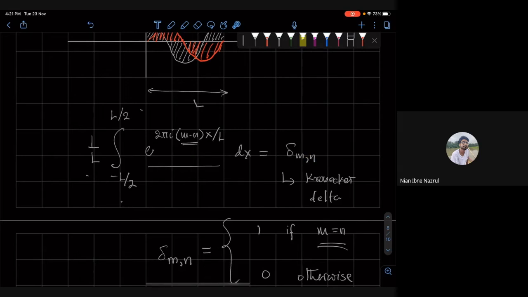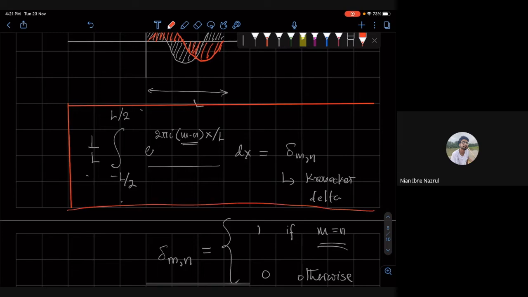And that's why we have the Kronecker delta. Is this clear? This is a very important result. This shows the orthogonality of the circular functions. Okay. Are there any questions about this?